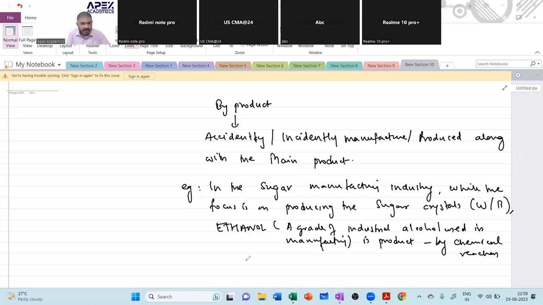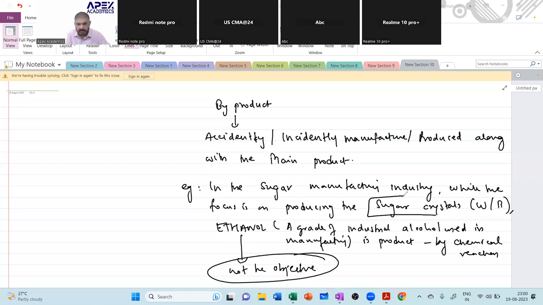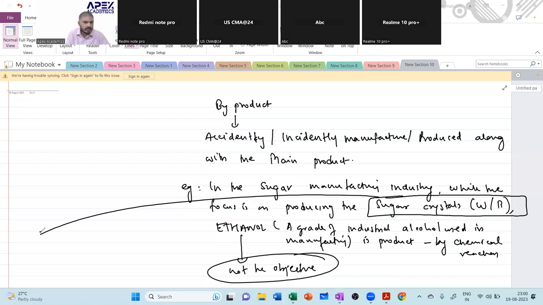This is not the objective; this is not what we are producing. The sugar is the objective. So ethanol is a byproduct, just by chance.